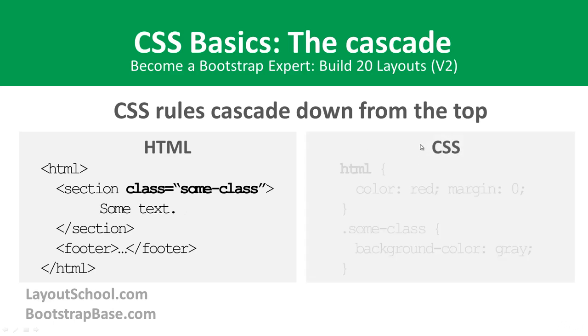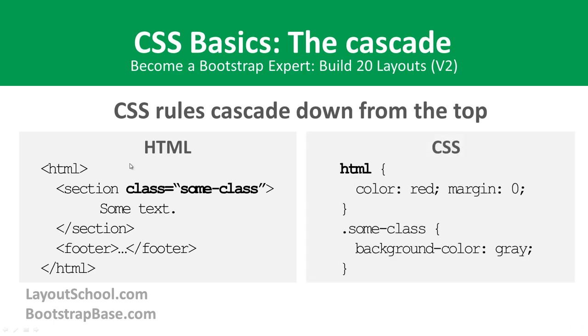So here in our CSS we've got an HTML tag targeted, and we are setting the color to red and margin to 0, and then later on we've got the CSS class selector, and this class selector is targeting the some-class section element, and it's setting the background color to gray. So that's it, pretty easy and simple.